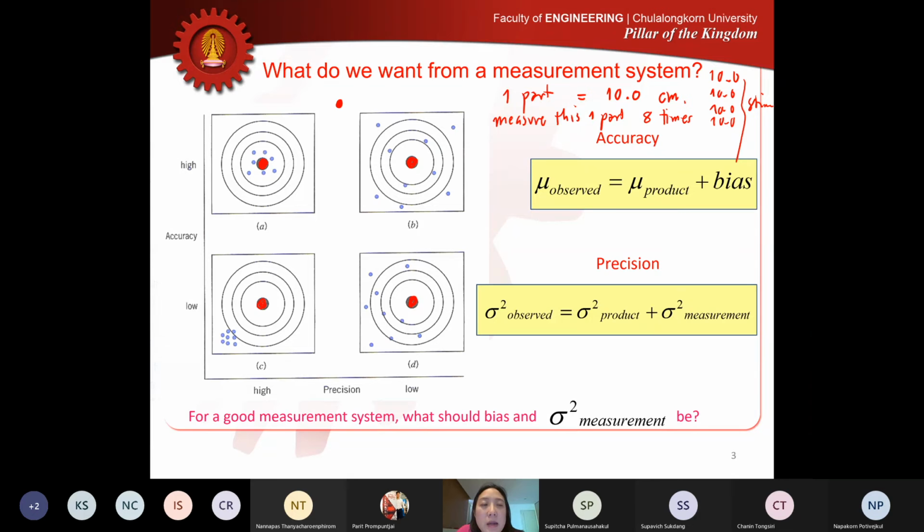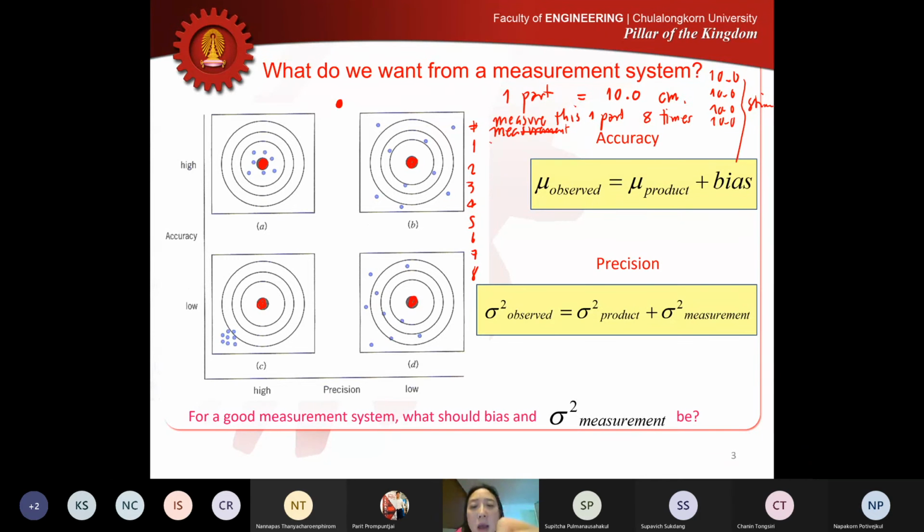Precision means the difference among the numbers that you get when you repeat your measurements. If those numbers are all the same, for example, you do that 8 times, and this is your observation, or what we call measurements.